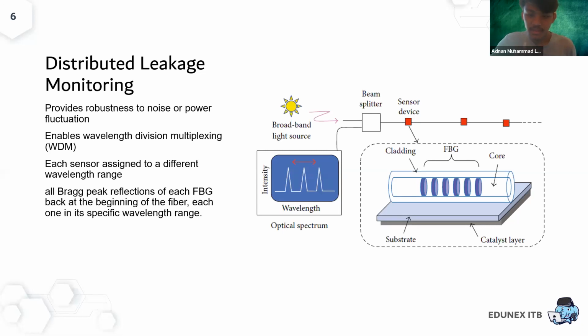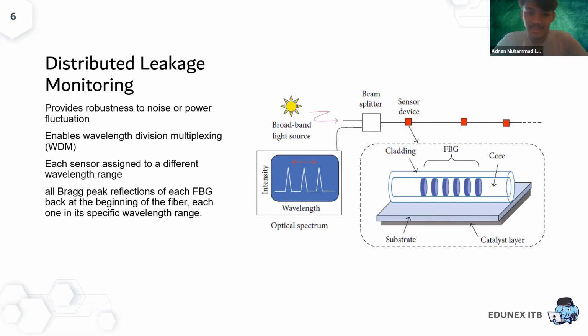As shown in the picture, there is a broadband light source that is split by the beam splitter. One is sent into an optical spectrum analyzer, and the other is sent to the sensor device, which is the fiber Bragg grating.